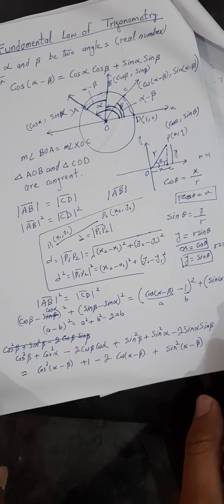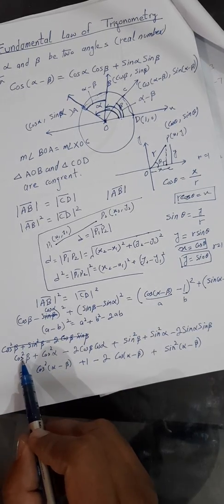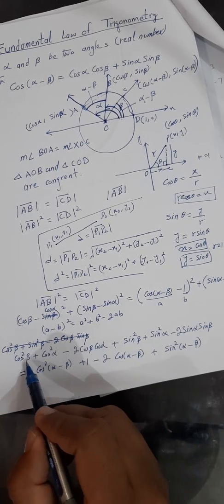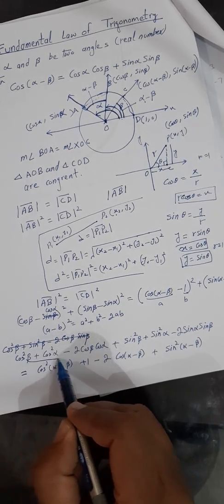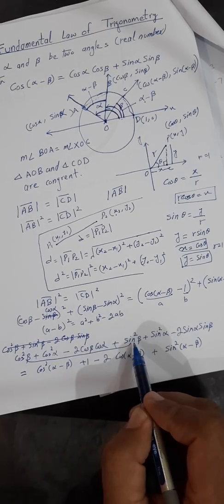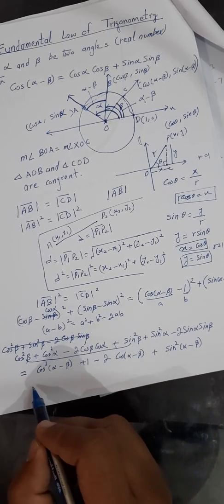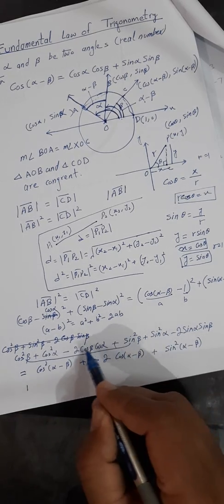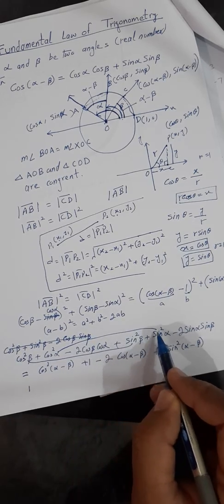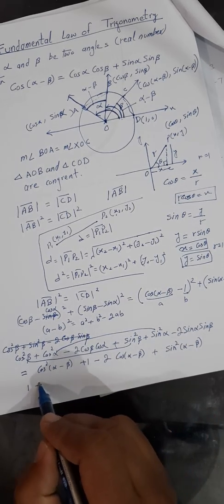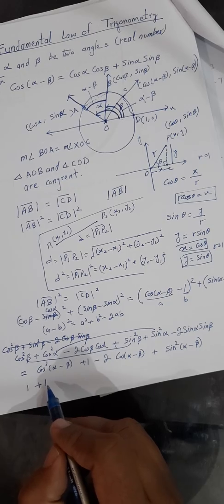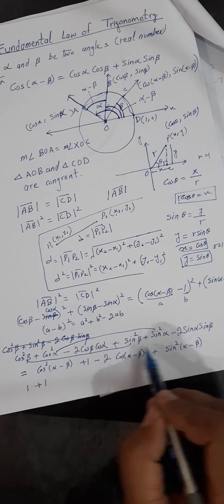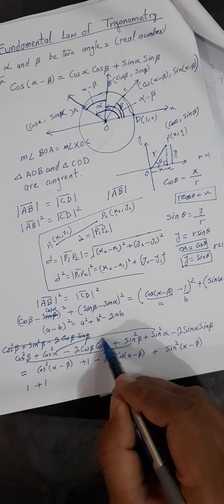Now you can see that this is cos square beta and this is sin square beta. You know very well cos square plus sin square is equal to 1. And this is cos square alpha and this is sin square alpha, which is also equal to 1. So 1 plus 1, and there are two terms remaining: minus 2 cos alpha cos beta minus 2 sin alpha sin beta.